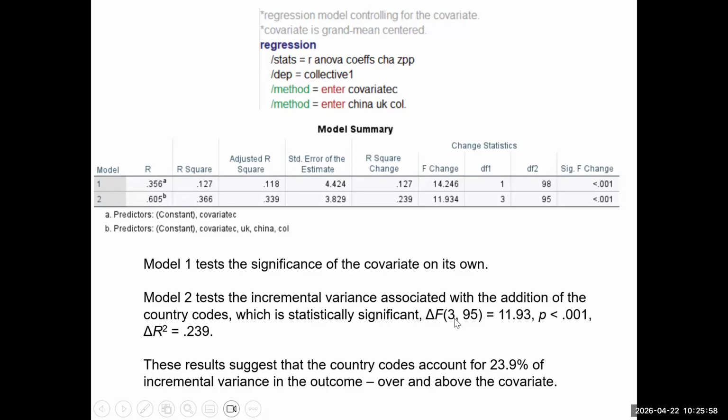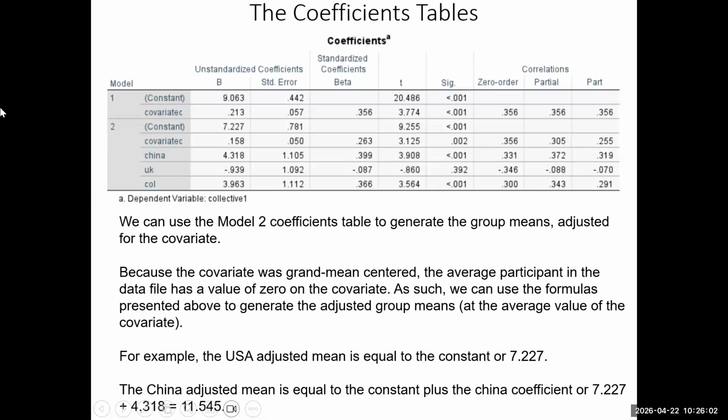And I talk about the proportion of outcome variability attributed to the country codes. Now, if we look in our model 2 coefficients, then we get the pairwise differences between each country and the USA, which is the reference group.